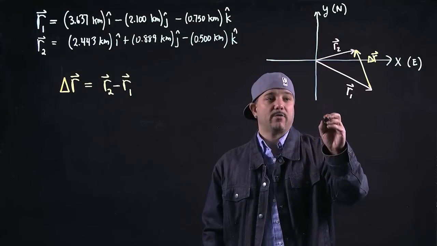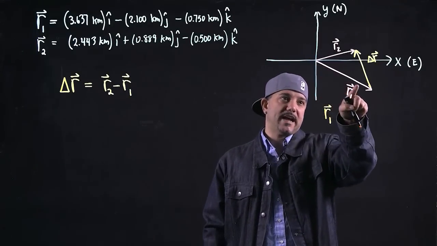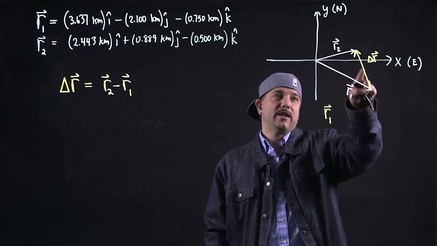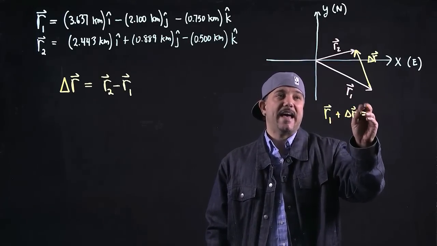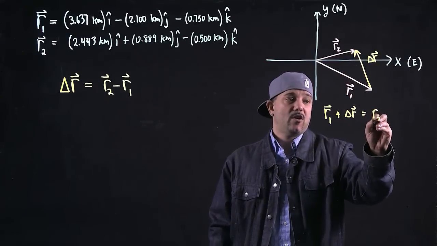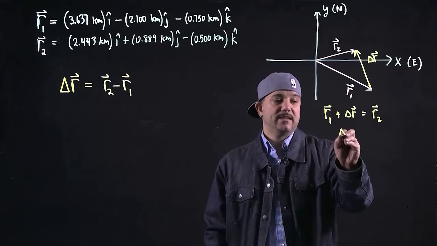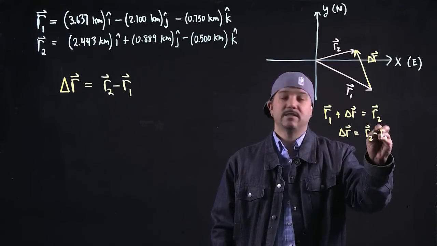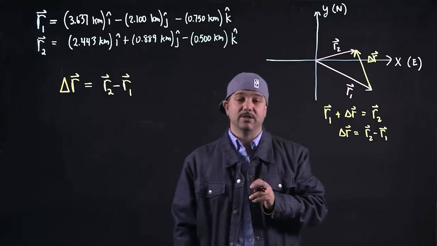Another way to write this is position R1, plus delta R, ends up at the same location as our second position, R2. We can rearrange this, and we get delta R is again R2 minus R1. So it's always good to check the vector relationship.